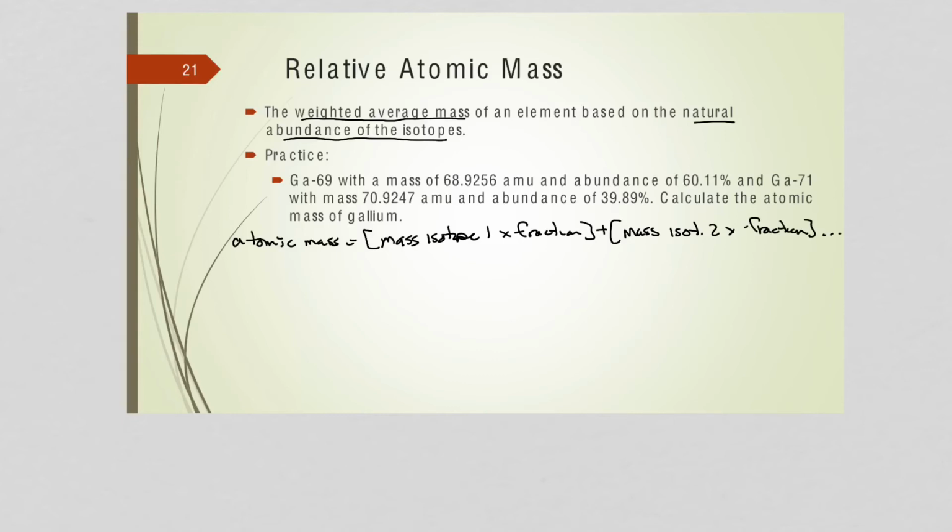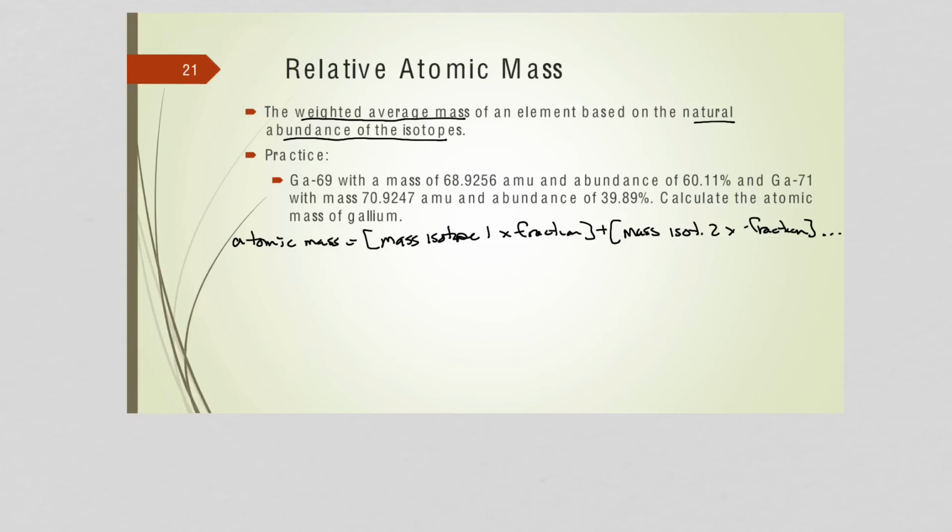And we do that for each isotope. This is a weighted average because we're taking into account what percentage of the element comes from this isotope, and what percentage comes from this one, etc. We can't just add up the masses and divide by 2 because it's not a 50-50 split.